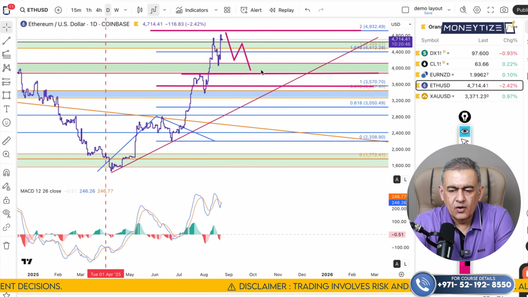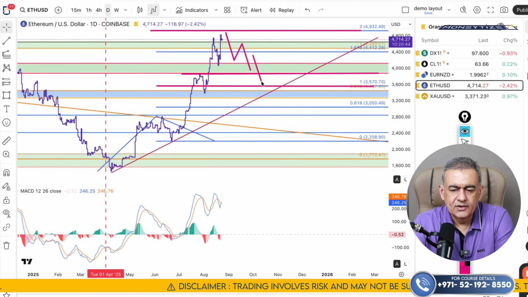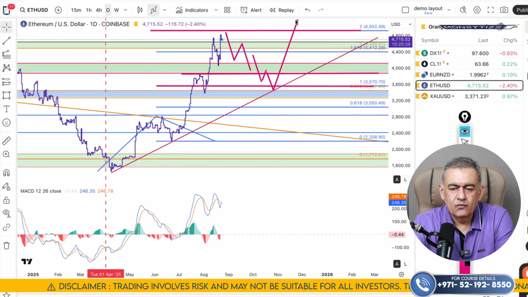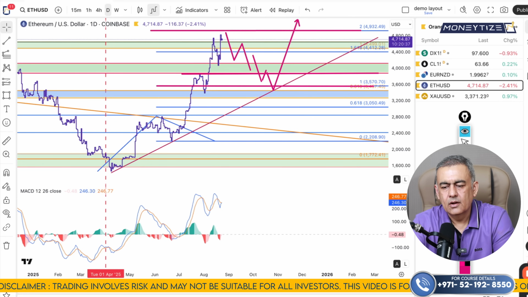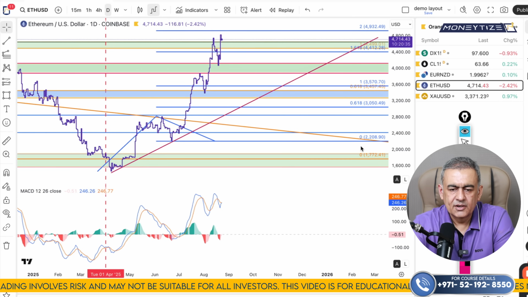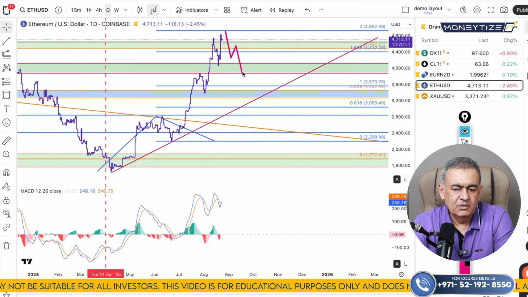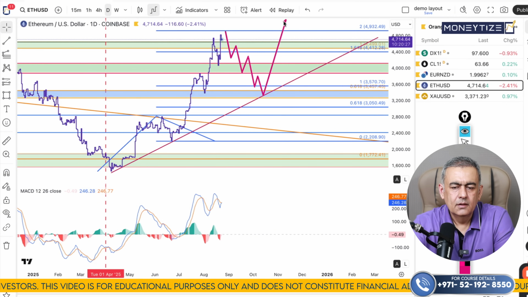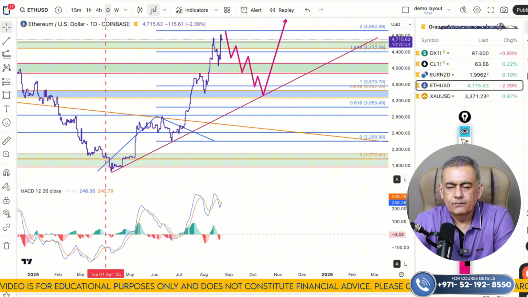So if I get to see a drop towards 3570 to 4,000, take it as an opportunity to buy and hold it for the target of 6,000. So short term, I can expect a pullback here, and this pullback may take a week or two or maybe slightly longer, and then the next rally will take it to the price level of 6,000.